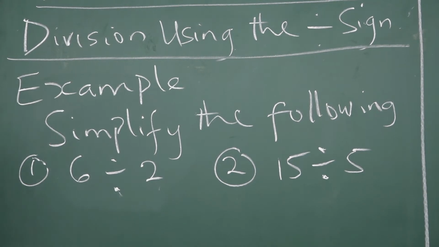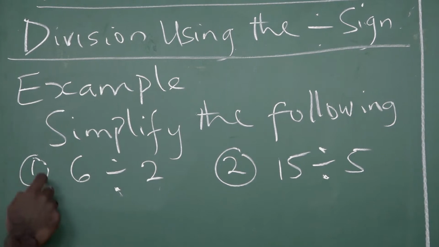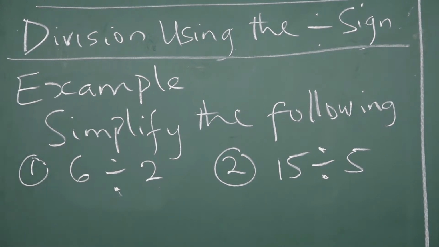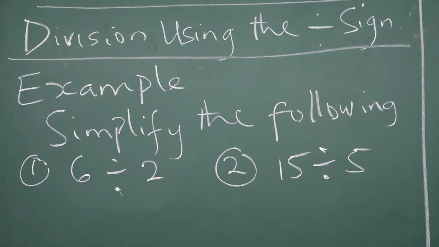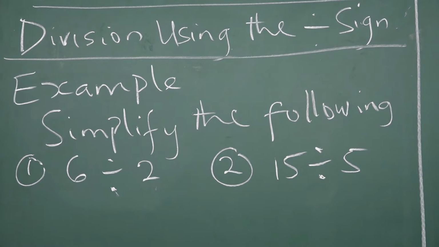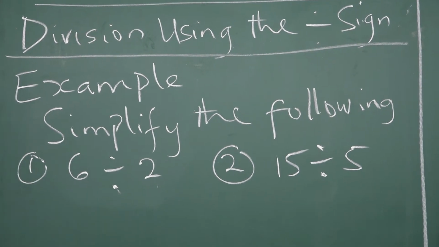Now, supposing we have, for number 1, 2 persons, and 6 items is given to these 2 persons to share. If we have 2 boys, for instance, and we are using a stroke to represent a boy.